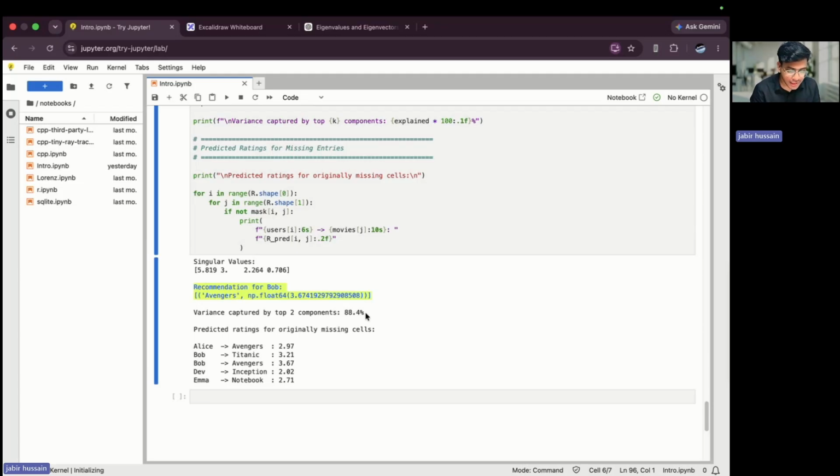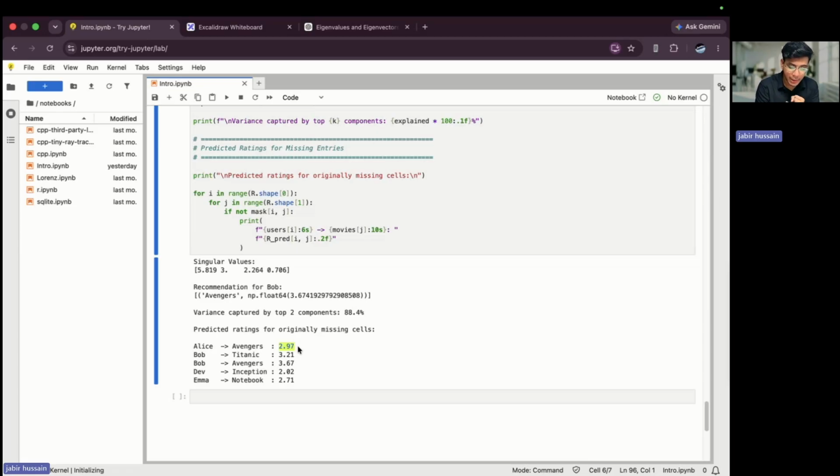When you take the top two, you can see that the top k nodes, which is only two, sigma 1 and sigma 2, are capturing 88.4% of the data. Now, for the predicted rating for each and every user, they had some blanks. So it is telling us that for Alice, the most predicted recommendation is Avengers.